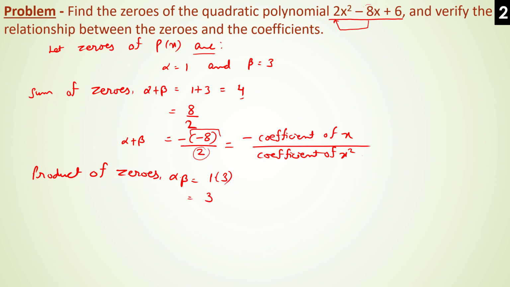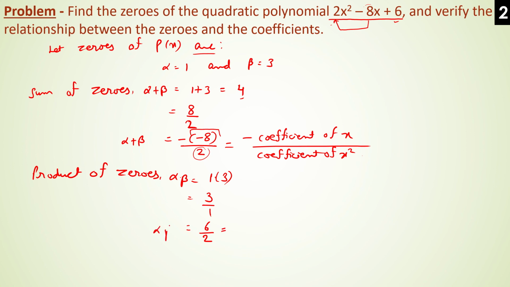we get 3. So we can also write 3 upon 1, but in the polynomial the numbers present are 6 and 2. So I can write it as 6 by 2.